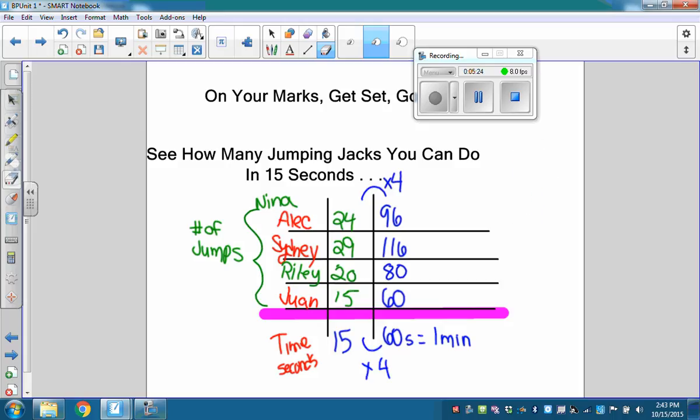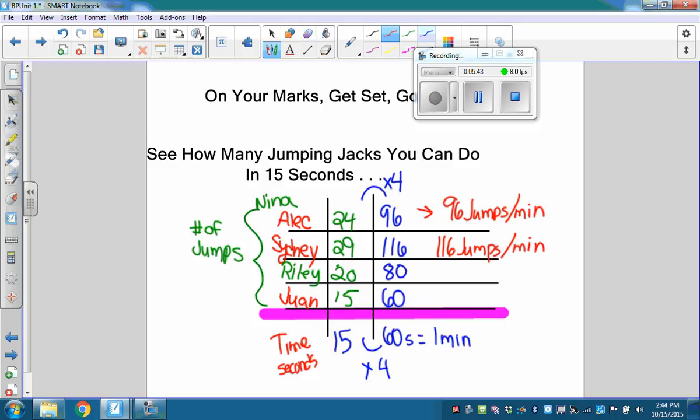So your unit rates for that process were 96 jumps per minute, or 116 jumps per minute, or 80 jumps per minute.